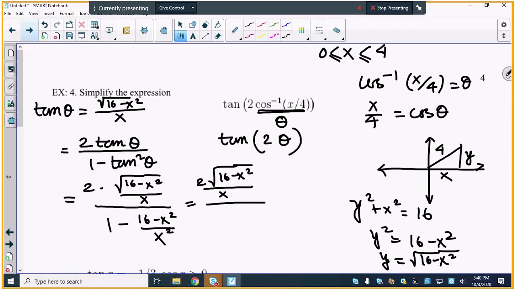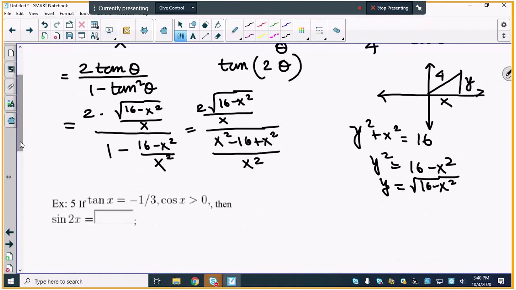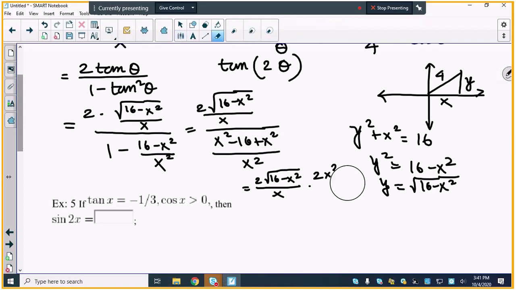On the bottom, I will get x squared minus 16 plus x squared over x squared, which when I simplify, remembering the fact that I'm dividing by a fraction, I will get 2 square root of 16 minus x squared over x times, see, it is x squared plus x squared, so that's 2x squared minus 16 over x squared. But because I have to take the reciprocal, let me actually write down one more step; that will be easier for us to understand.